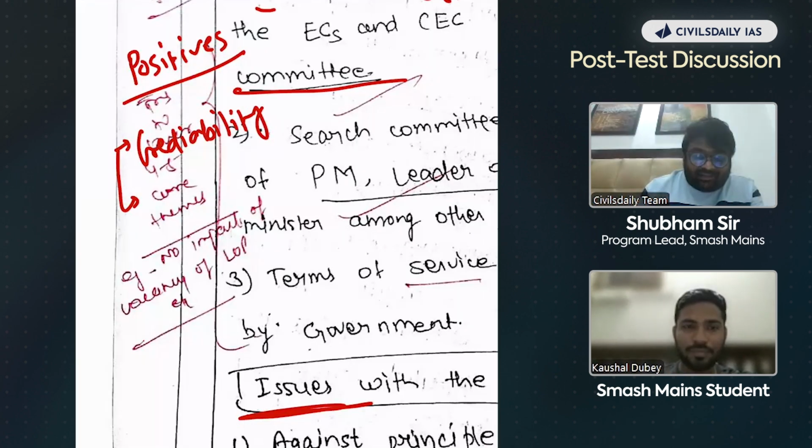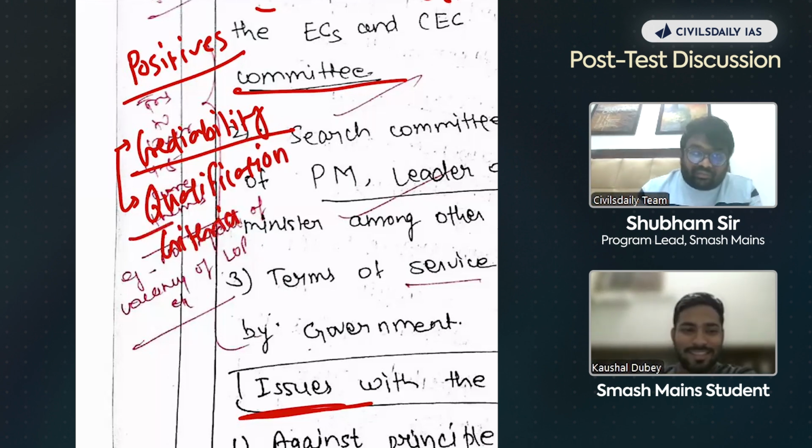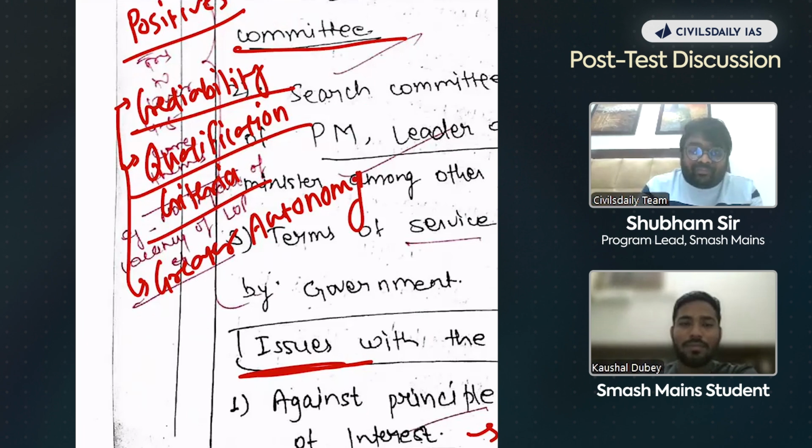So, see, points like: as it provides for a collegium including the leader of opposition, there is greater credibility. Right. In elaboration, simply you can mention that the leader of opposition is also a member of the collegium. That's it. Okay. Then they have given the qualification criteria. Then the commission needed autonomy. So greater autonomy. Yes. So these three points you can add.